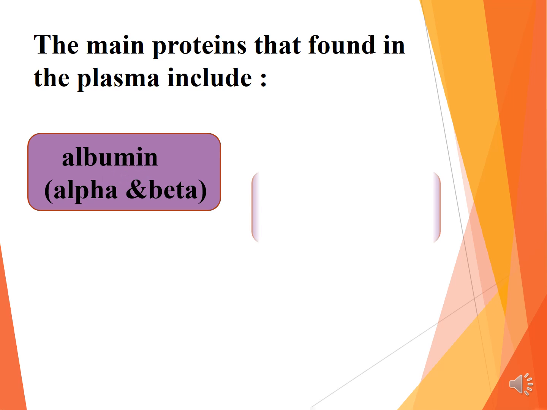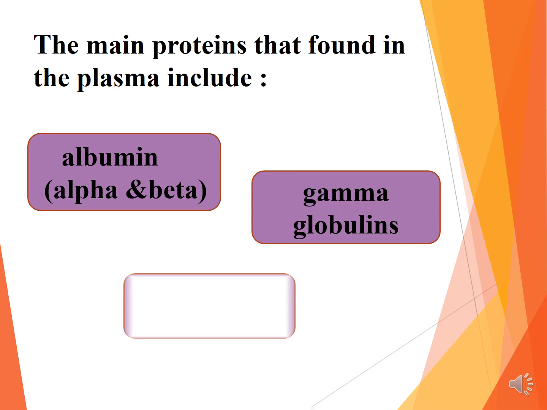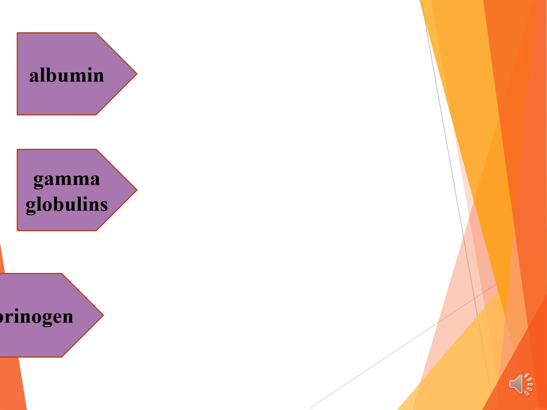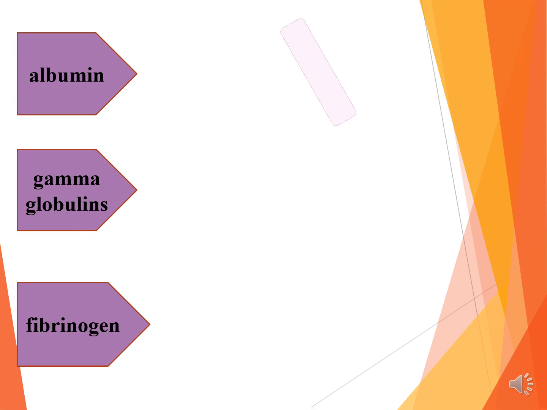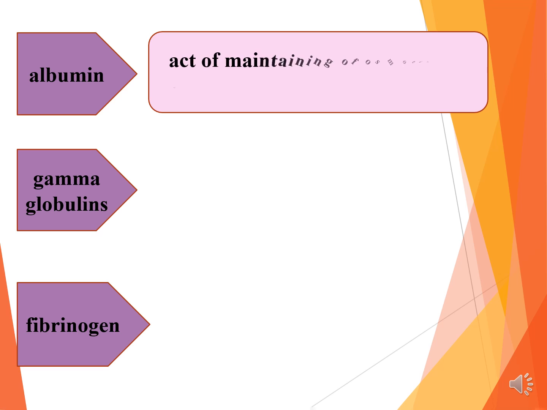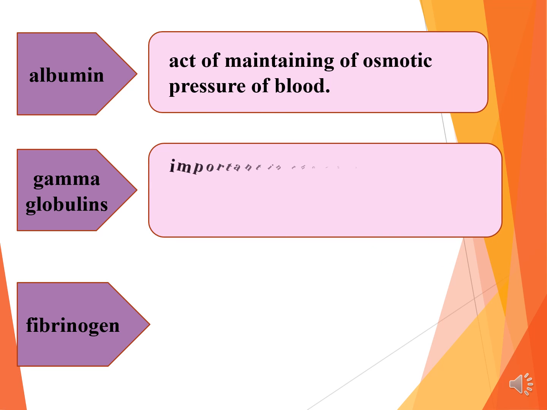The main proteins that are found in the plasma include albumin, alpha and beta, gamma globulins, and fibrinogen. The main functions for these proteins include: the albumin acts in maintaining the osmotic pressure of blood. إذا وظيفة الألبومين يحافظ على الضغط الإزموزي بالنسبة للبلد.